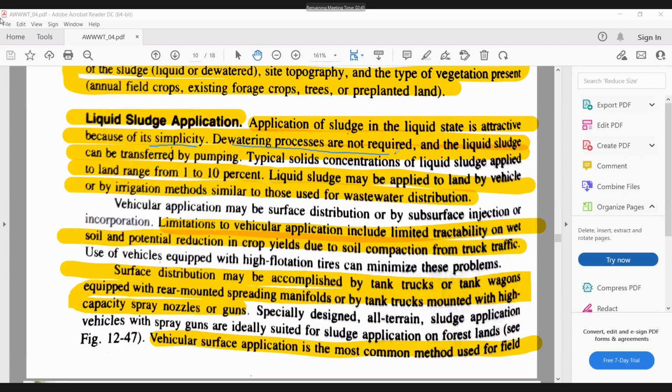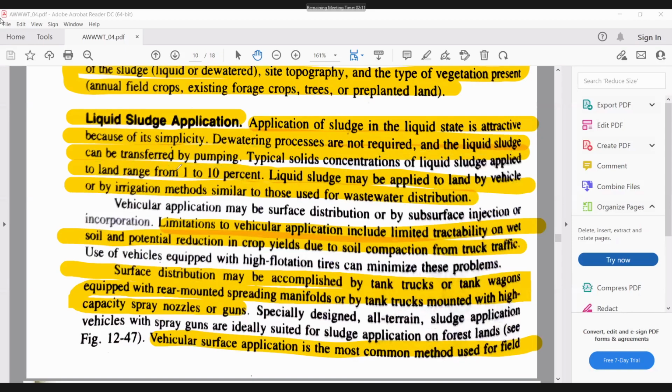Dewatering processes are not required here, and liquid sludge can be transferred by pumping, so transportation is quite easy, because the solid concentration in liquid sludge is around 1 to 10%. Generally it is applied on land by the irrigation method, similar to used wastewater distribution. This is the method generally used for land application of liquid sludge.